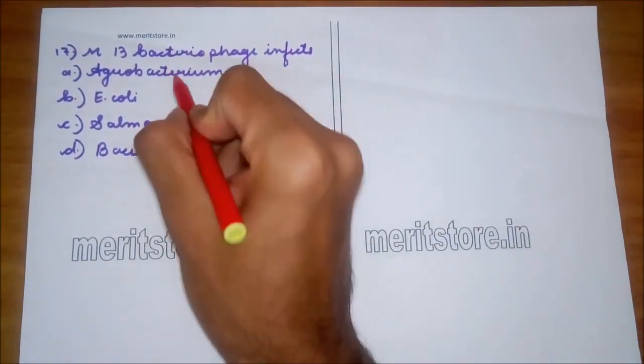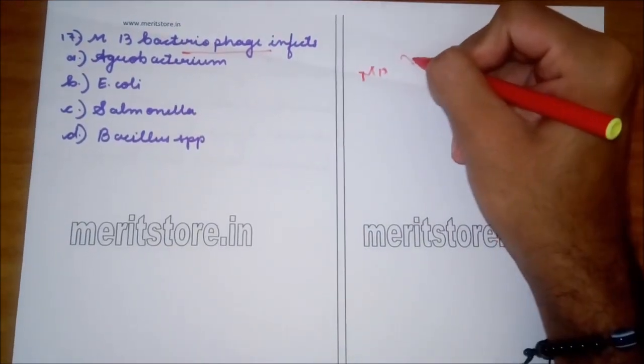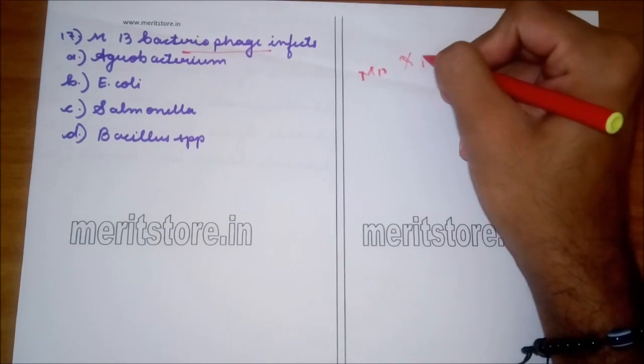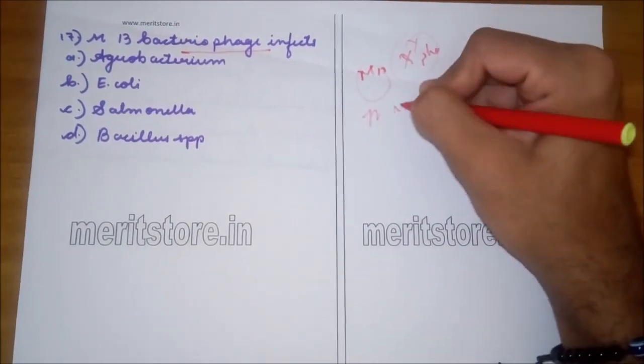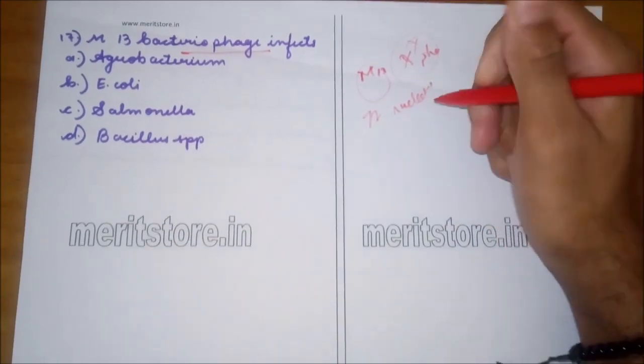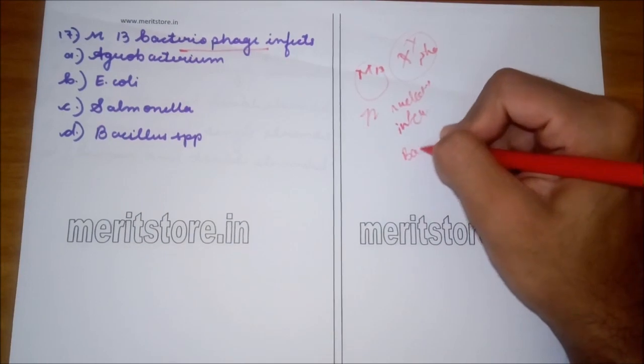Question number 17. M13 bacteriophage infects. M13 is not a lambda phage. It is different from it. It has 72 nucleotides. And it infects mainly bacillus species.